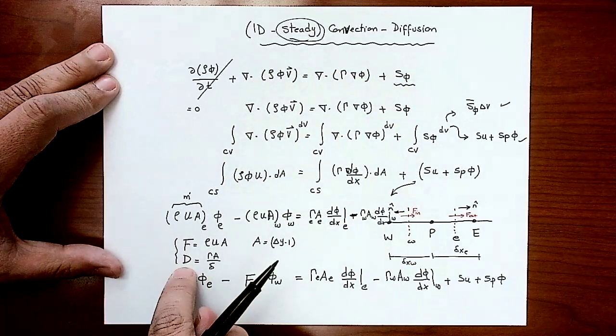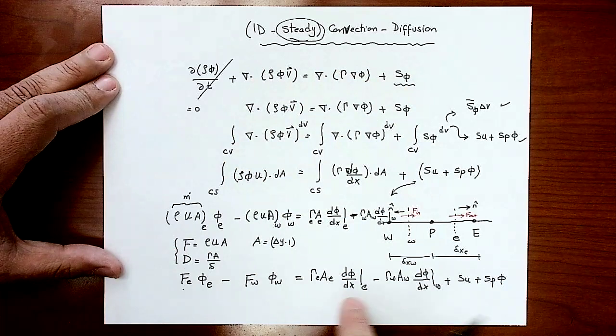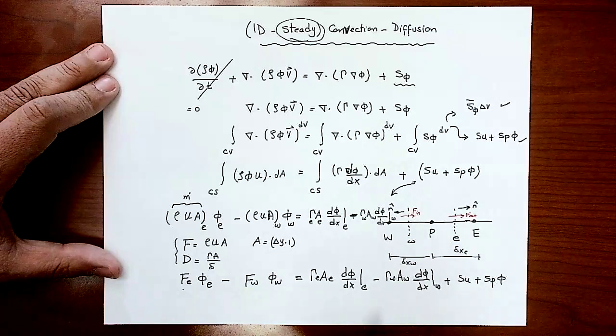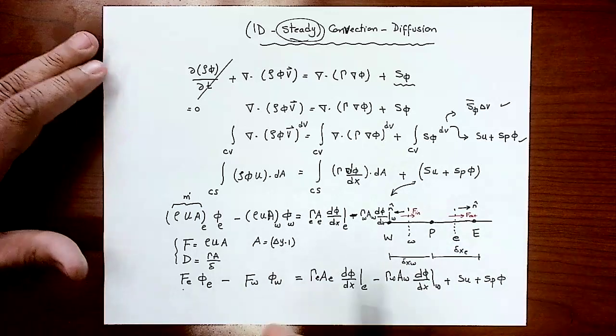You can have one value for D, either it's coming in the east or the west. So you have to do a little bit of a smart way of discretizing your domain to simplify things. You don't want to have F east and F west as a different value. So you can eliminate a lot of complexity in your math when you choose wisely the dimensions that make your coefficients very close or similar.